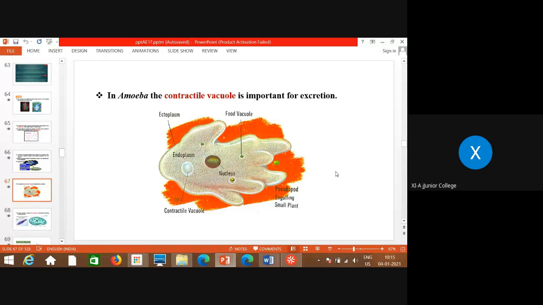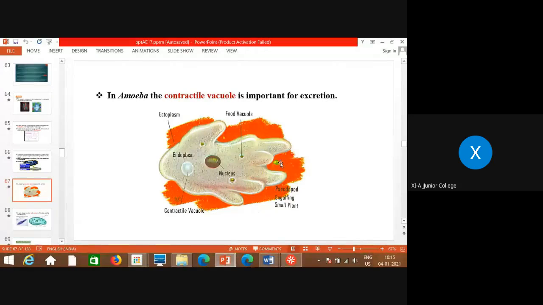Now what happens? It shows two types of vacuoles. One is the contractile vacuole, which maintains the osmotic pressure of the cell with the surrounding, and the other one is the food vacuole. Food vacuole means any foreign material or the food. In case of amoeba, suppose bacteria is the food.